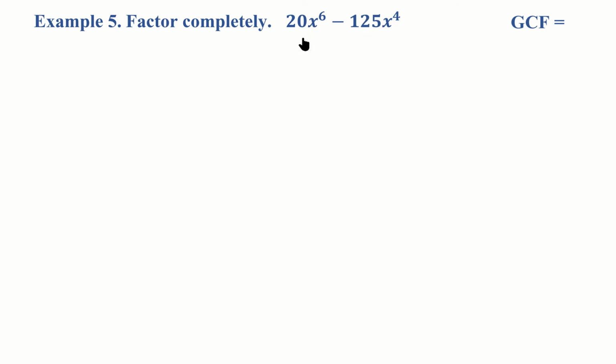For 20 and 125, the greatest common factor is 5. For x to the 6 and x to the 4, it's x to the 4. So we have 5x to the 4 as the GCF, which we will go ahead and factor out. And that leaves us 4x squared minus 25, and that's it, just 25.